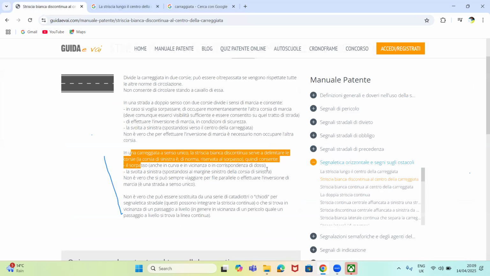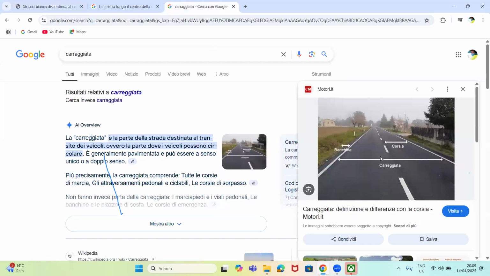Now, that discontinuous line there, serve a delimitare. What do you mean by delimitare? Delimitare means it serves to designate, it serves to represent. La striscia bianca discontinua serve a delimitare le corsie. It means that this discontinuous line serves to represent where the corsia is.